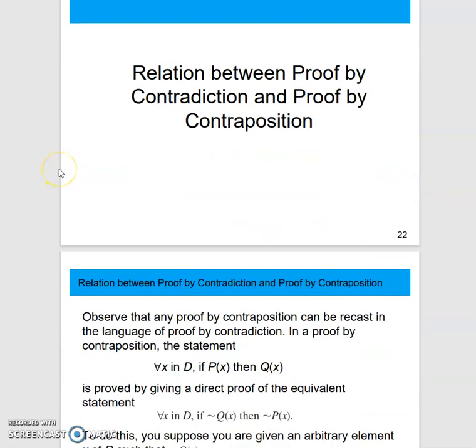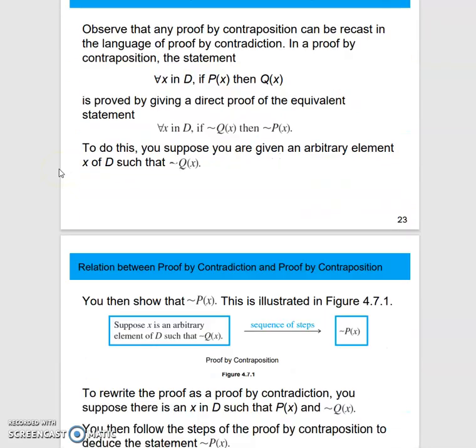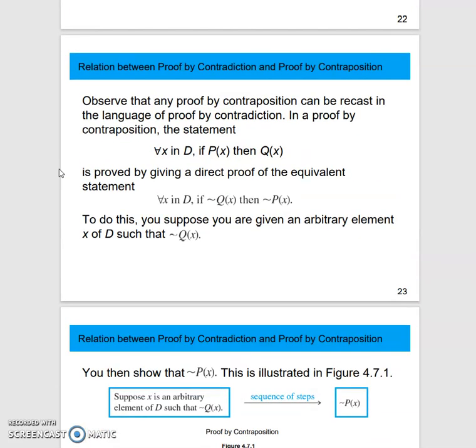All right, now these can be a little bit confusing. They sound very similar to each other. So again, for contraposition, I'm going to change the initial statement and then do a direct proof.